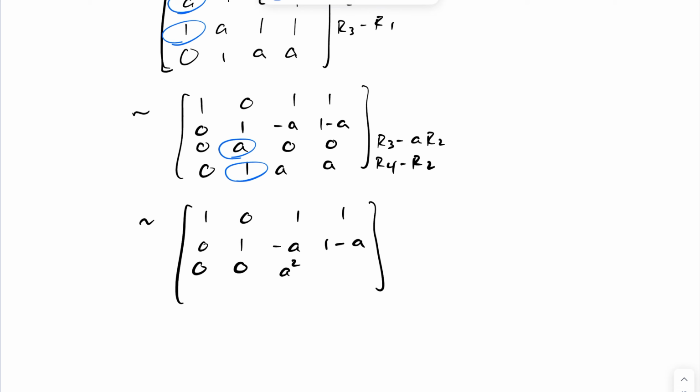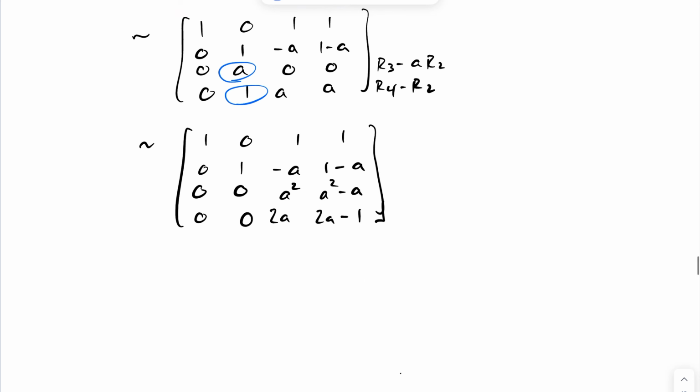For the next entry, it's going to be row 3 minus a times negative a. And that'll be a squared minus a. I believe that's correct. And then lastly, this will be 0, 0. This will be 2a. And this will be 2a minus 1 for the next entry here.